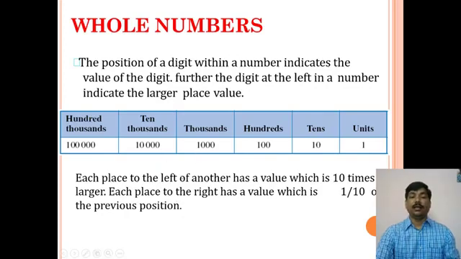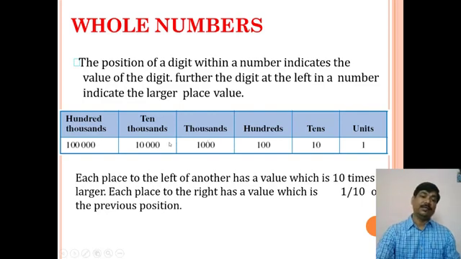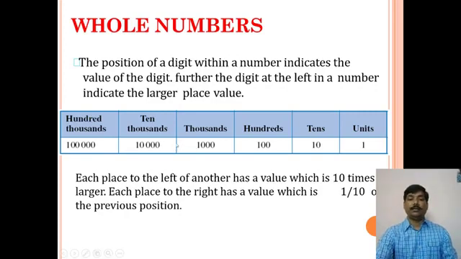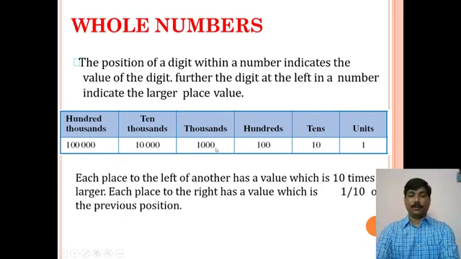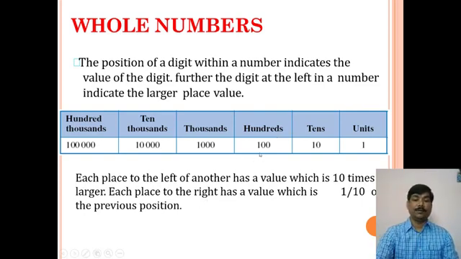It means each left digit becomes 10 times the place value of the previous digit in the number. In this place value chart, each is 10 times the previous place value.